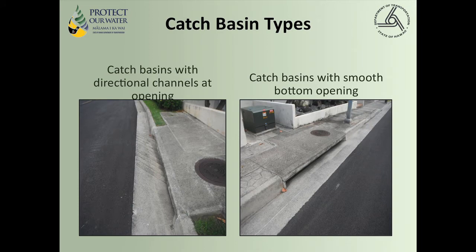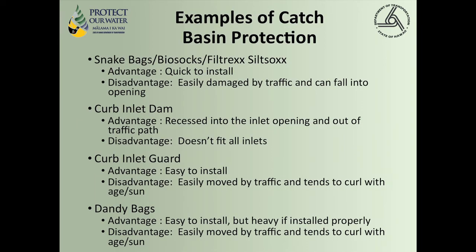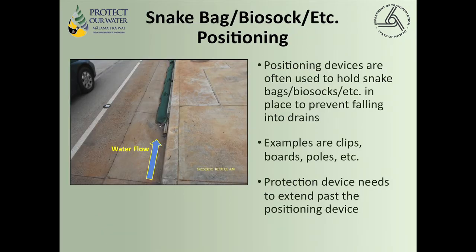Catch basins. The one left with directional channels is tough to protect. Again, some advantages and disadvantages of various inlet protection that you can read at your leisure. If you're protecting an inlet, I will look at the positioning of the inlet protection device.